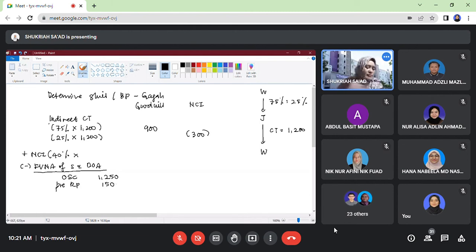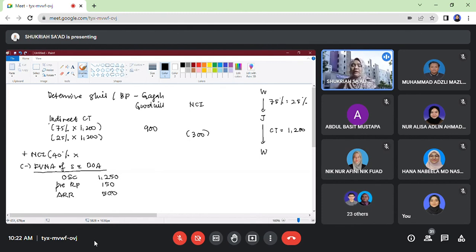Other than that, we also have revaluation at DOA. Remember it is debit PPE, credit ARR. Credit ARR means ARR goes here as a revaluation at DOA, so the amount is positive 500.